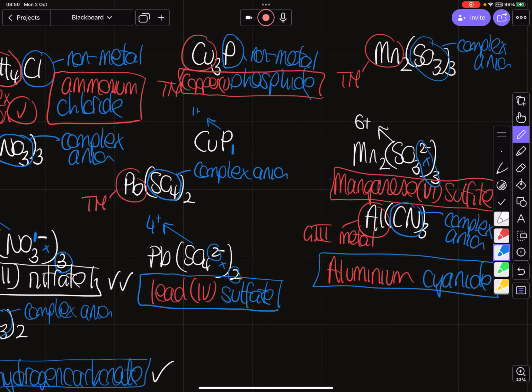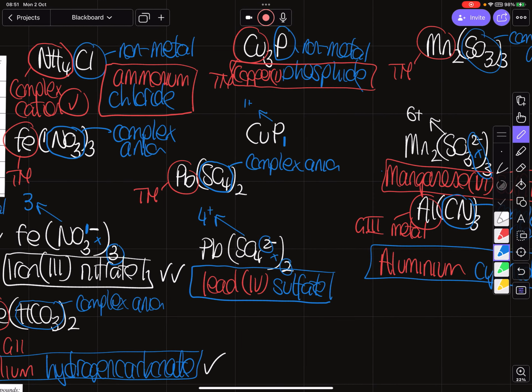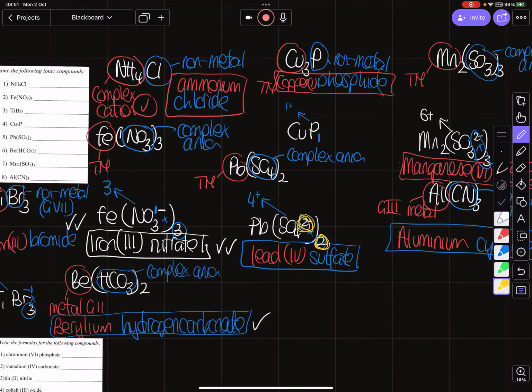Okay, so the ones with the complex are a little bit tricky, there's a little kick to them. You just have to recognize what is the charge on your complex anion, and if there is a multiple outside your brackets, you are multiplying the multiple by the charge to figure out what the drop up is going to be.